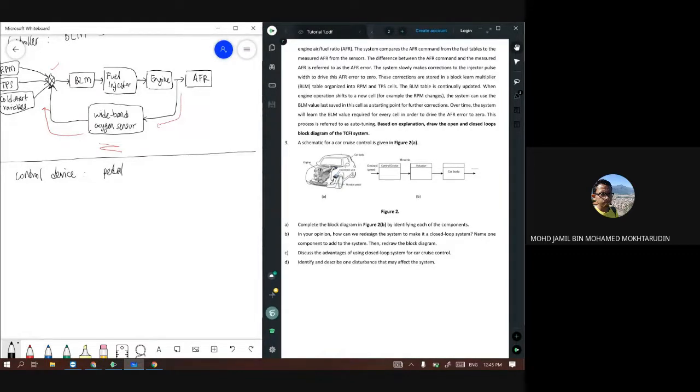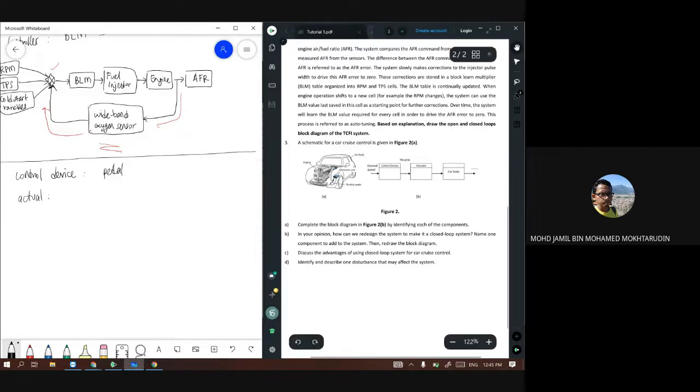And then after we press the pedal, something will happen, something happens before the tire rotation increases. So after we press the pedal, the actuator will take the action.